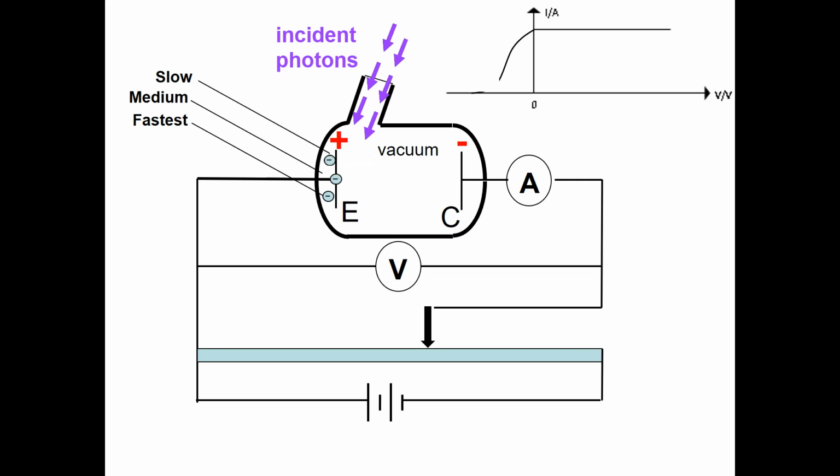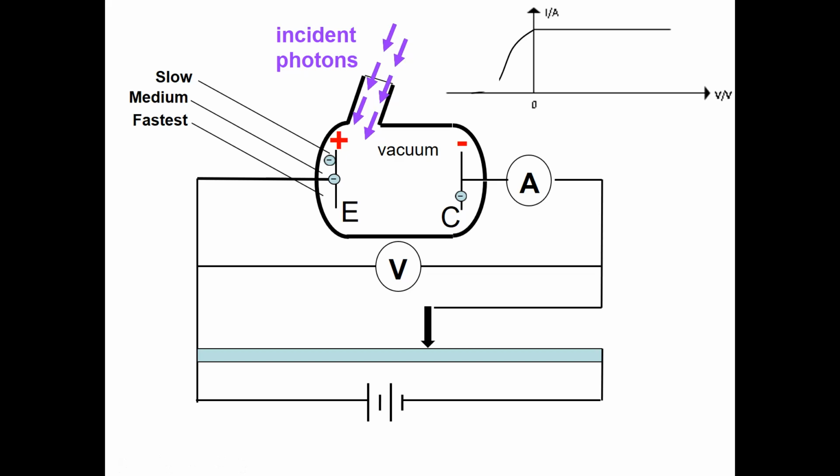The middle speed one tries very hard and doesn't reach. What about the fast speed one? It touches. Oh, it can still touch. So there's still some current there. The current is not reduced to zero by this larger potential difference.